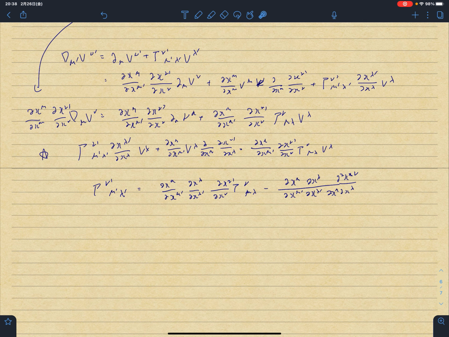This is why we are not so careful in the expression of the correction coefficients. They are not a tensor, and therefore you should try not to lower their index.